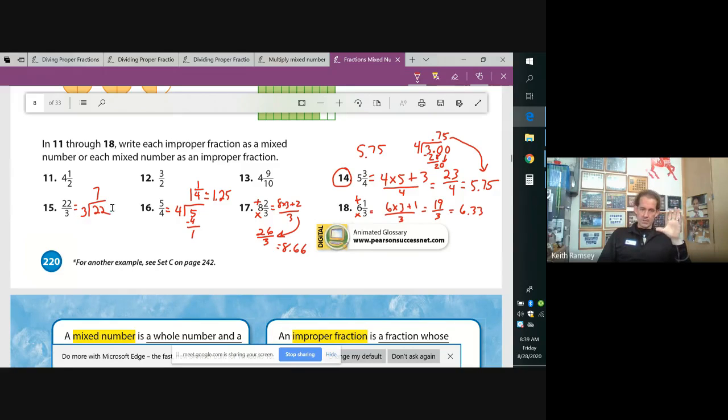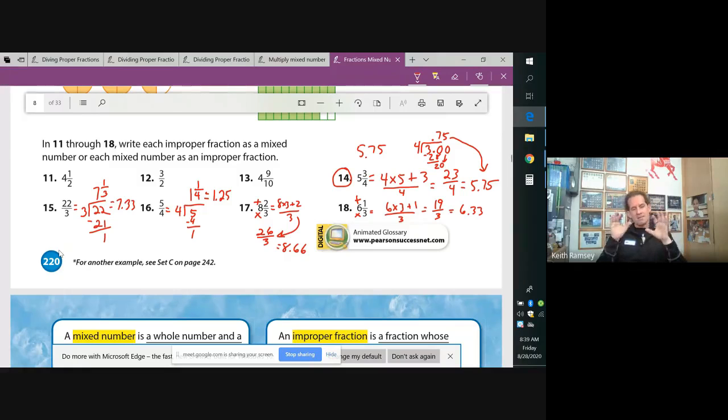That's going to be the whole number. 7 times 3 is 21. I subtract, and there's 1 left over. The remainder is the numerator. It goes up here. The denominator stays 3. So I know the 7 1/3 is equivalent to 22 over 3. It's also equivalent to $7.33 if I want to write it as a decimal. Okay?